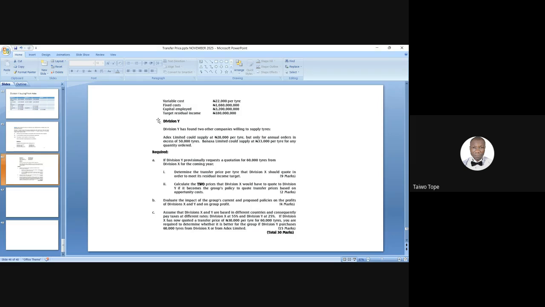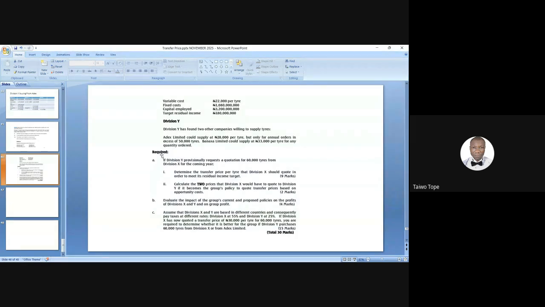So Division Y has found two other companies willing to supply tires to them. One is Hardest Limited, which could supply at 28,000 per tire, but only for annual orders in excess of 50,000 tires. And Banazar Limited could supply at 33,000 naira per tire for any quantity ordered.